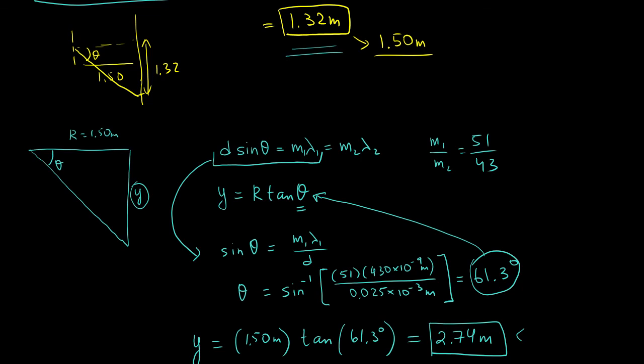So in conclusion, we could say that the 51st fringe of the 430 nanometer light does overlap with the 43rd fringe of 510 nanometer light, but not at the location of 1.32 meters, but at the location of 2.74 meters.